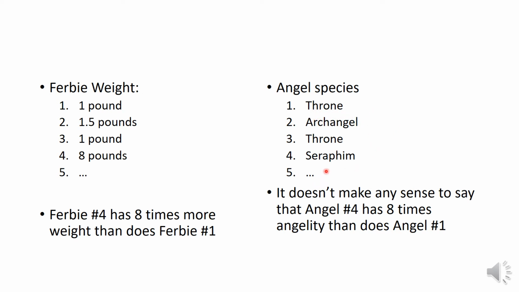That doesn't make any sense. On the one hand, we can say that Furby number 4 has 8 times as much weight as the first Furby does, but we can't numerically relate angel species. That is because angel species is a different kind of variable than Furby weight is.